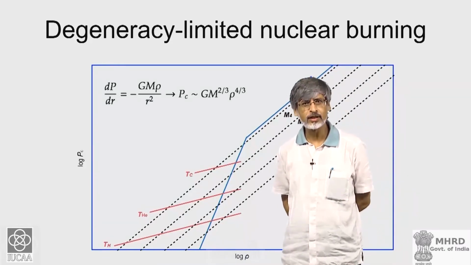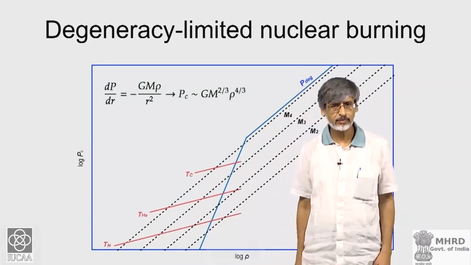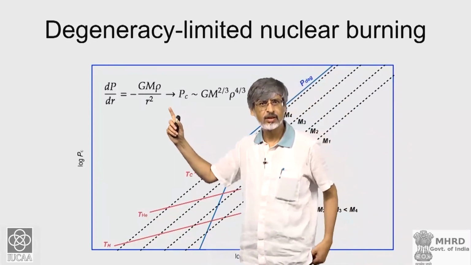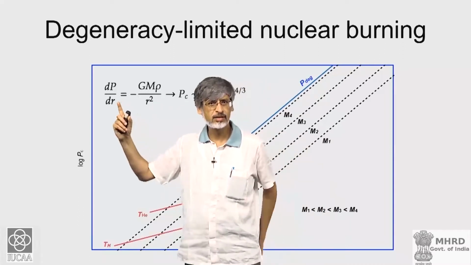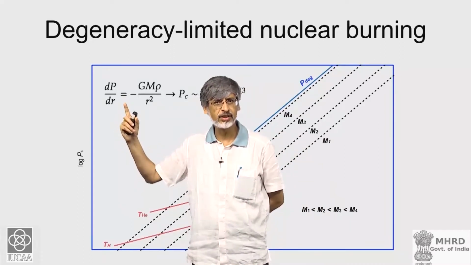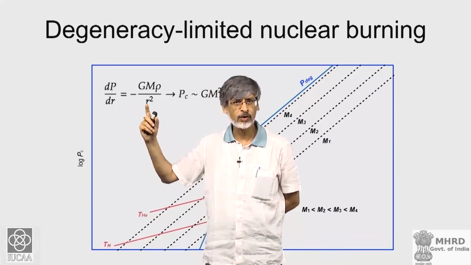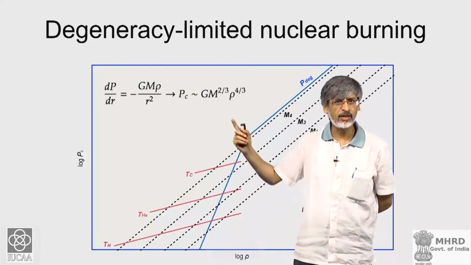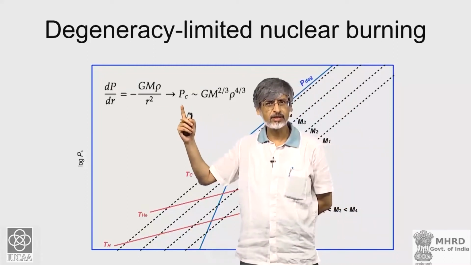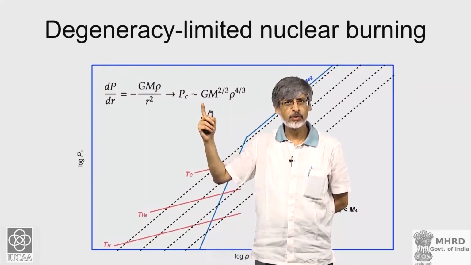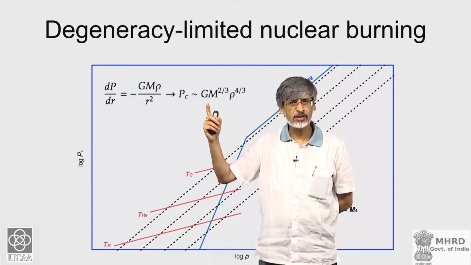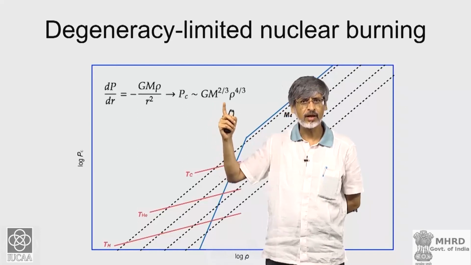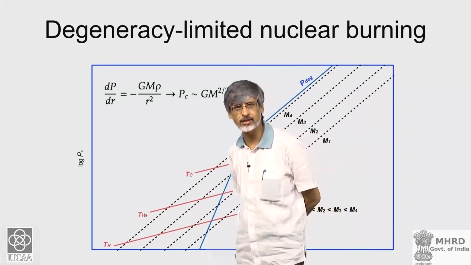The stellar hydrostatic equilibrium, as we have said in the Newtonian case, is described by the equation dP/dr equals minus G m rho over r squared. We can write this approximately as the central pressure equal to the gravitational constant times the 2/3 power of the total mass of the star and the 4/3 power of the average density of the star.